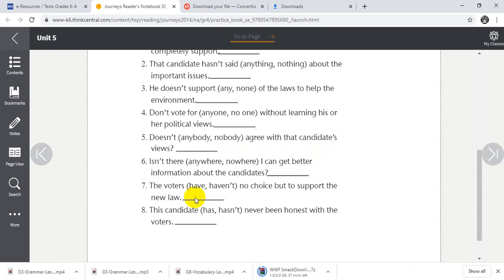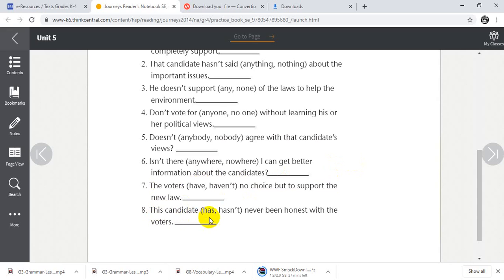The voters have or haven't no choice but to support the new law. Is there any negatives over here? Yes, there is, right? No choice. No. So we're gonna choose have, because haven't is a negative and no is a negative. We cannot do a double negative. So we're gonna choose have.